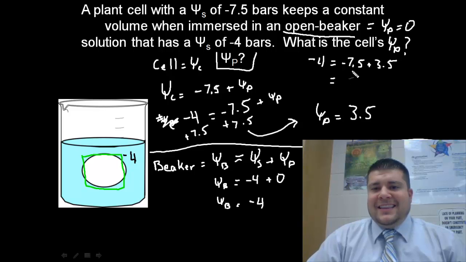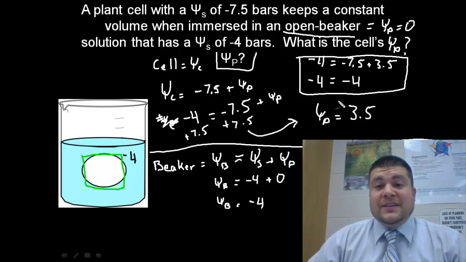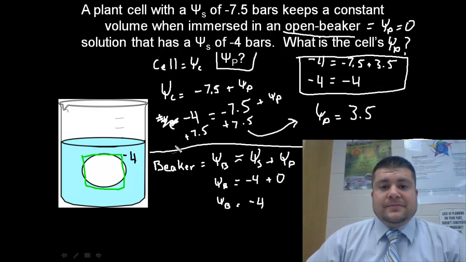And if I take that negative 7.5 and add it to 3.5, negative 4 and negative 4 should be your outcome. This is a way to double check, and you should do this every time, to make sure that your answer is correct.